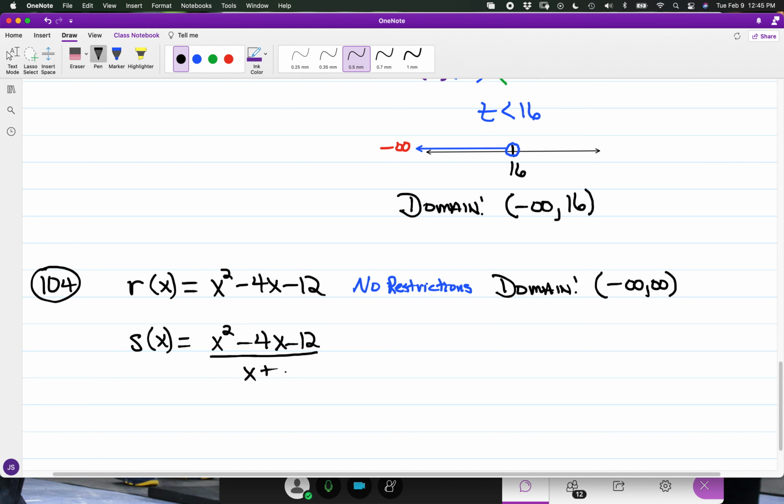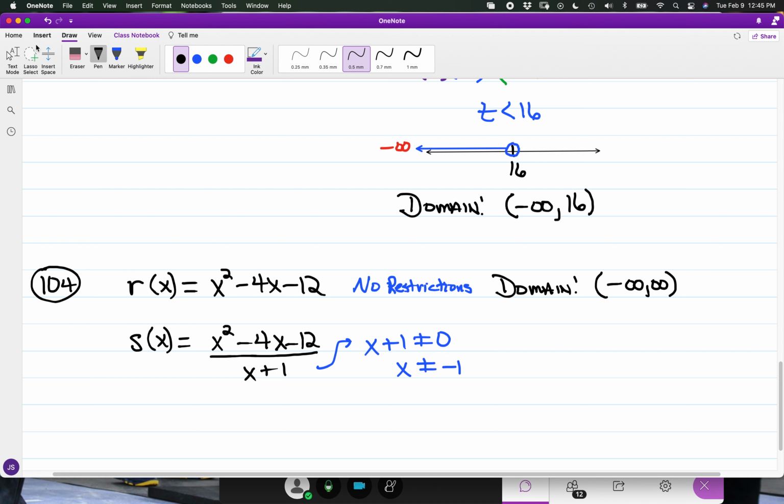Now for this rational function, there is a restriction. For a fraction, the bottom part cannot be 0 in value. So x plus 1 cannot be 0, and so this will mean that x cannot be equal to negative 1.